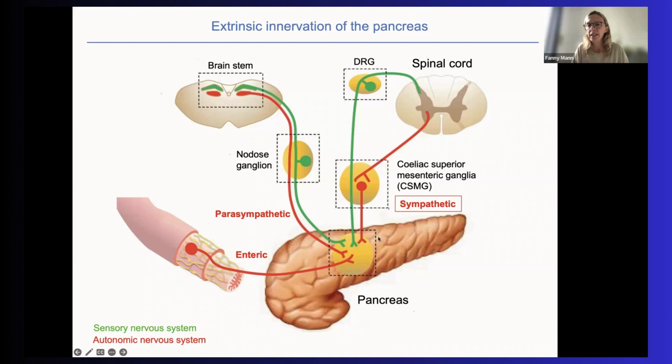We can visualize the sympathetic inputs to the pancreas by staining the neurons with an antibody against tyrosine hydroxylase, TH, which is the main limiting enzyme in the biosynthetic pathway of norepinephrine.